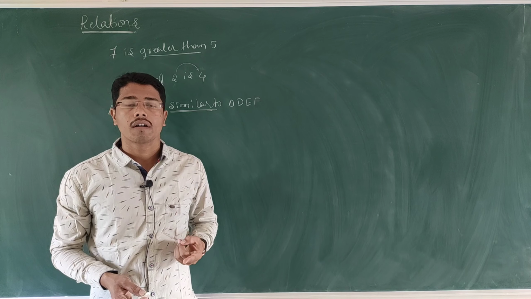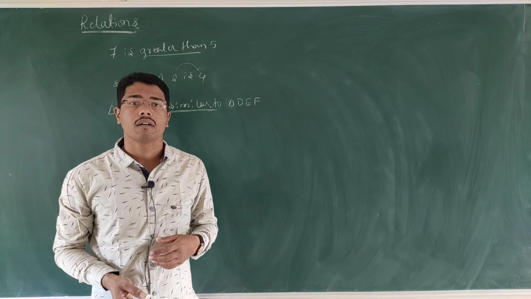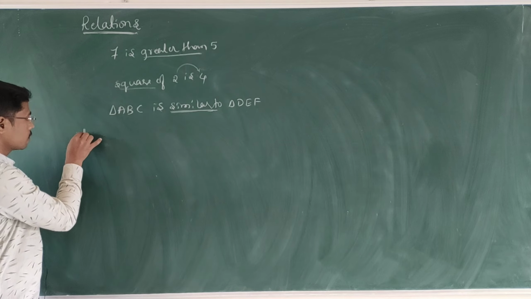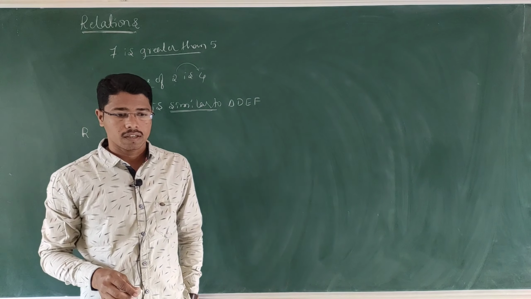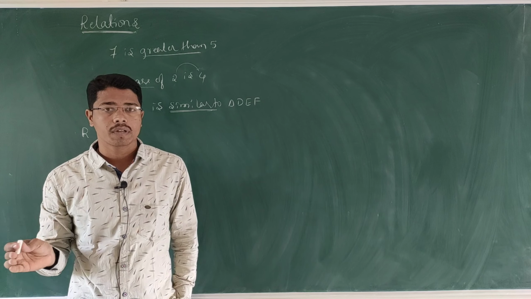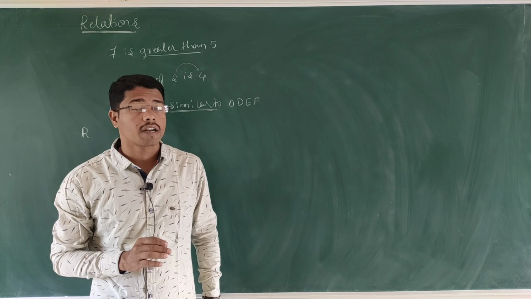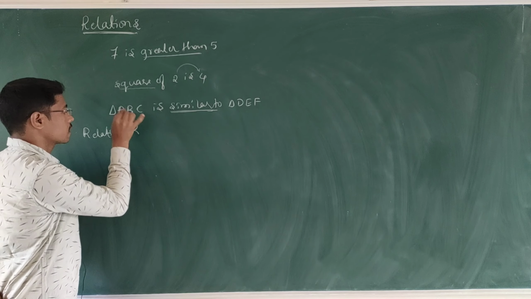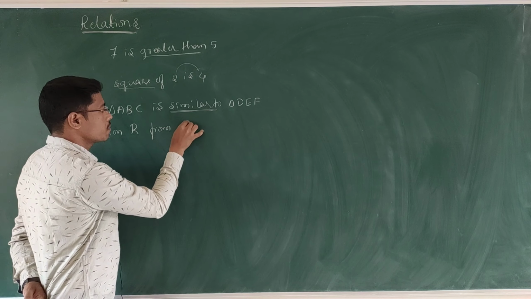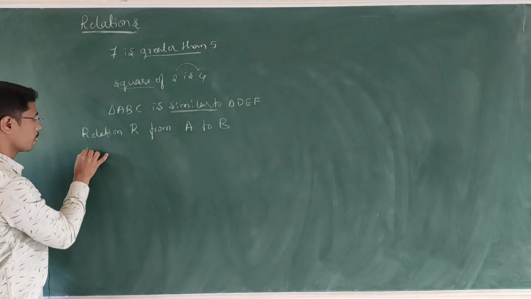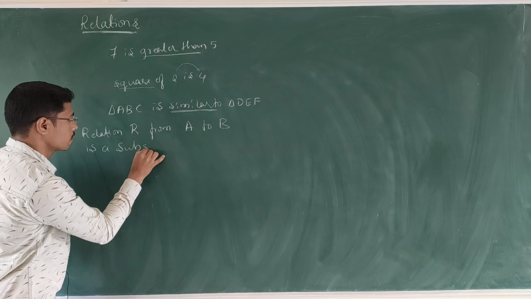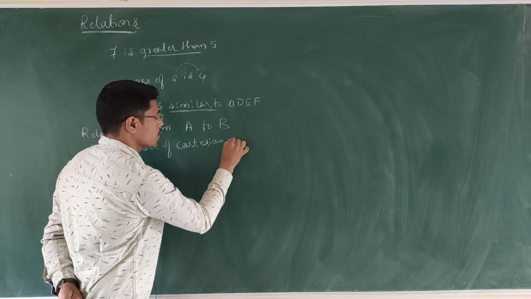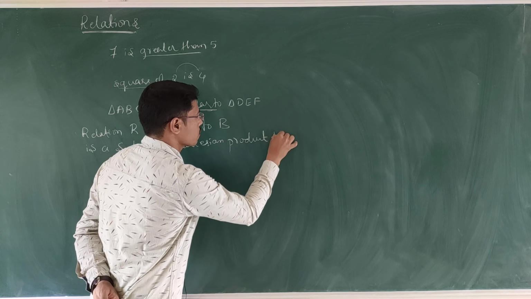It is the set of ordered pairs from set A to set B. A relation R from a non-empty set A to a non-empty set B is a subset of the Cartesian product A cross B.